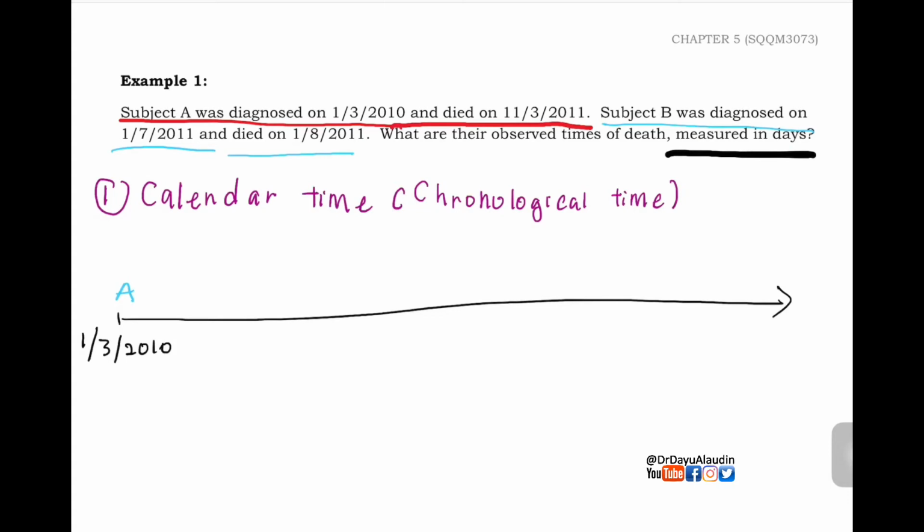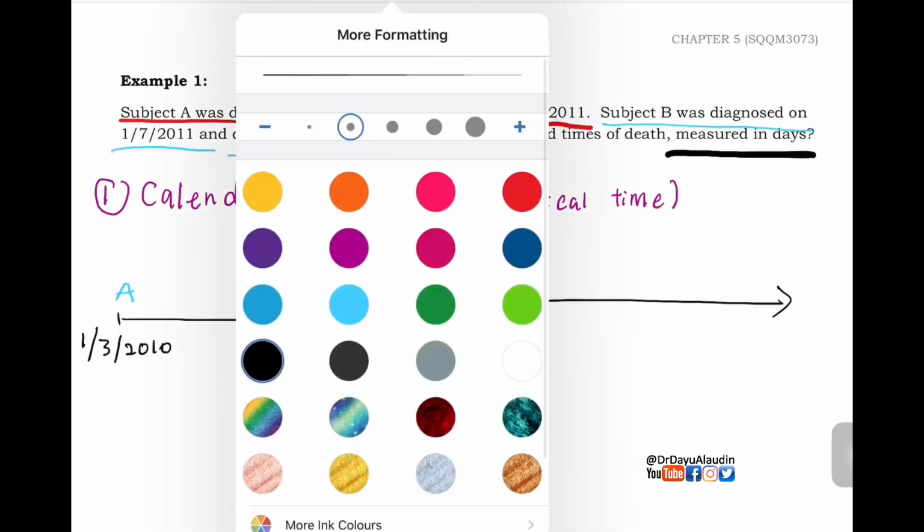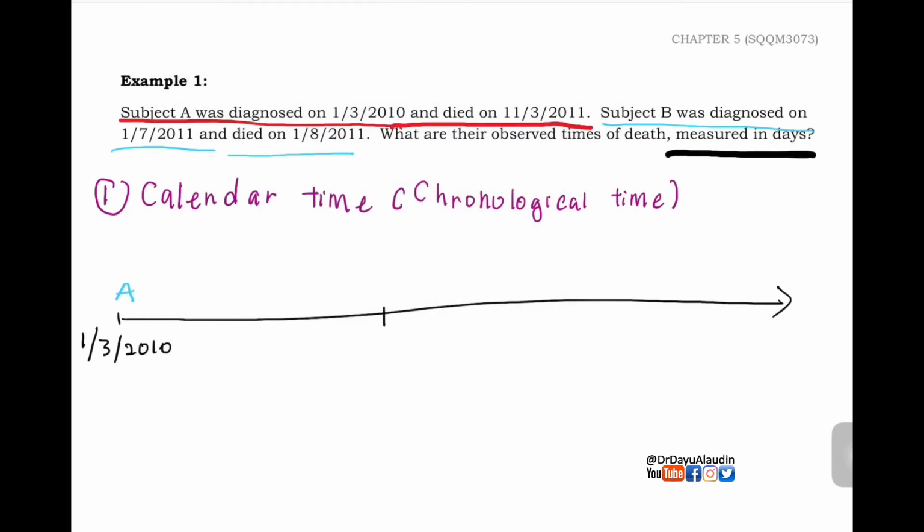So 1st March 2010 until 1st March 2011, it becomes 1 year. Since the measurement is in terms of days, it becomes 365 days.